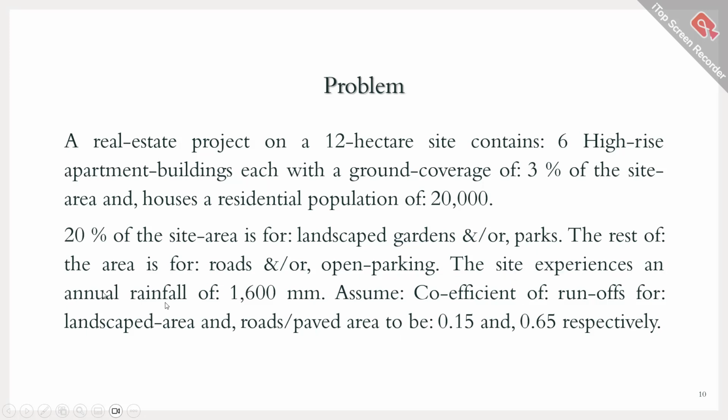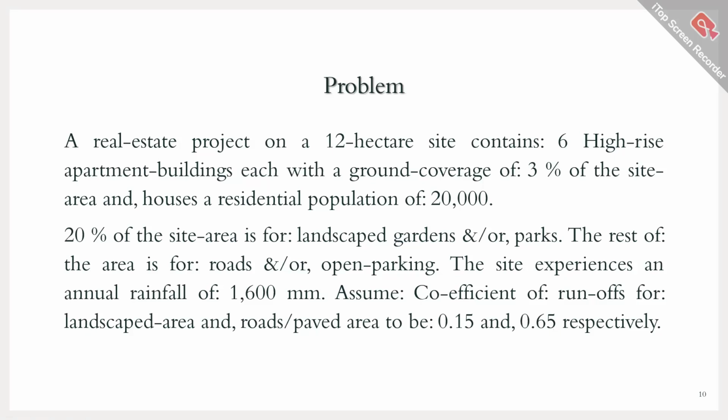Now, the site experiences an annual rainfall of 1,600 millimeters. You have to assume coefficients of runoff for landscape area and roads or paved area to be 0.15 and 0.65 respectively.